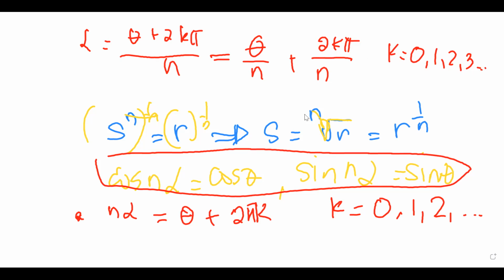Therefore, the nth root of a complex number can be written this way. I need to erase because we don't have space anymore.